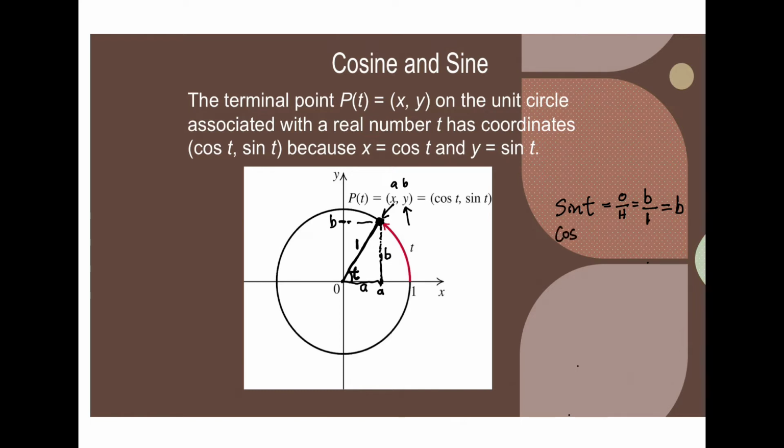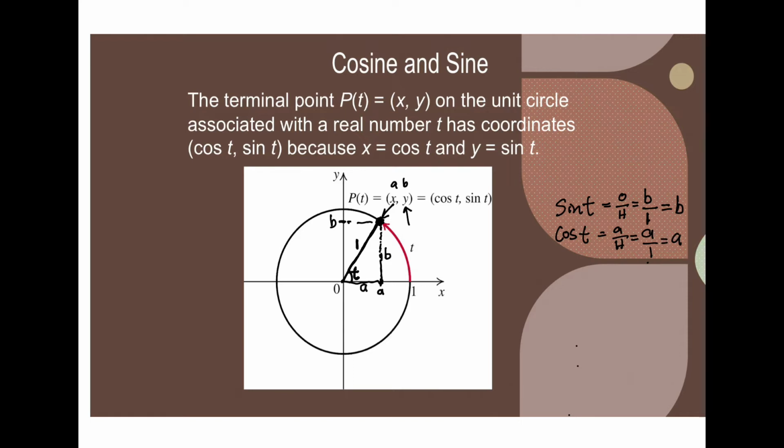Cosine of t is adjacent over hypotenuse, and that is a over 1, which is a. So the cosine of t is actually the x-coordinate of this point on the unit circle.